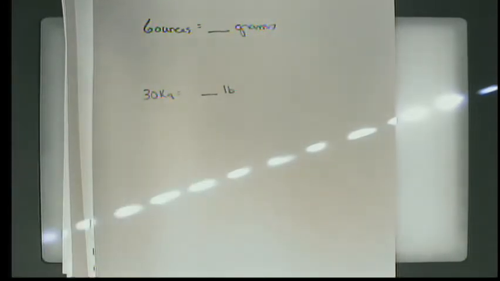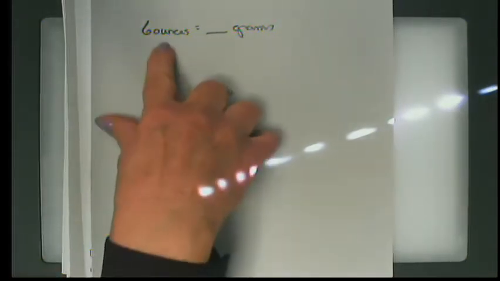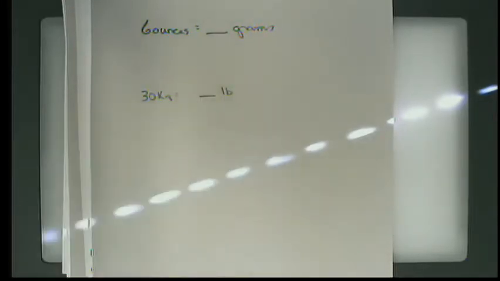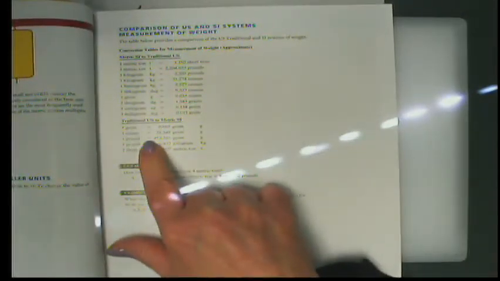Okay, so the first thing that we need to do is to determine how many ounces there are in a gram and how many kilograms there are in a pound, or the other way around. So in your textbook on page 65, there are some conversions between different amounts.